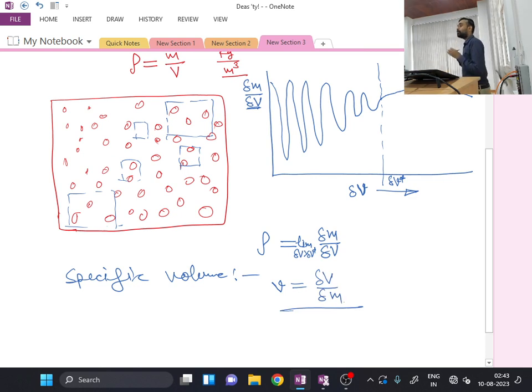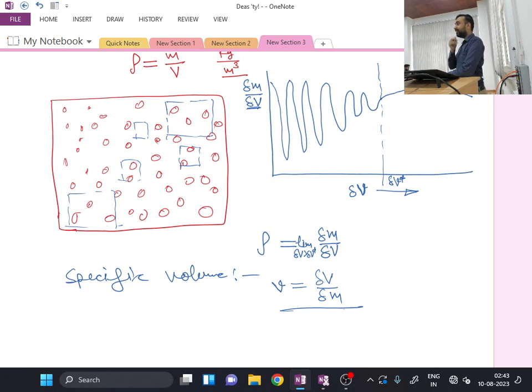Any thermodynamic property you have, say internal energy or enthalpy, if you divide it by mass, we call that quantity the specific property. For example, here I am dividing volume by mass, so it is called specific volume. Similarly, if you divide internal energy by mass, it is called specific internal energy.